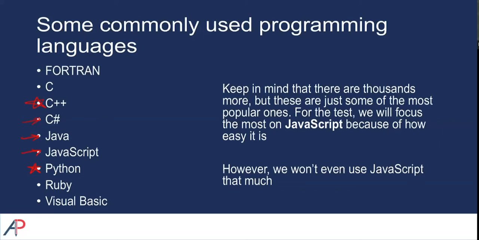When I say lower level programming language, I don't mean it's easy. I don't mean the level of learning it is easier. It means it is more similar to machine language, what the computer would use to perform instructions.